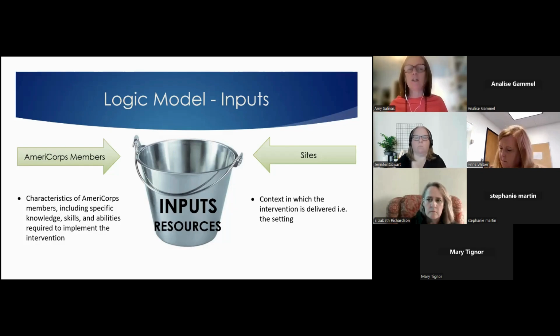And then next, you'll talk about the characteristics of the AmeriCorps members that you're hoping for them to have when they come to your program, or that you're hoping to train them in to do what you're asking them to do. So what knowledge, skills, abilities, background you're hoping them to have.